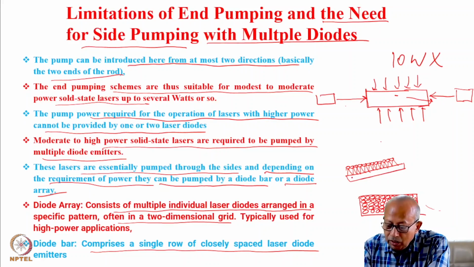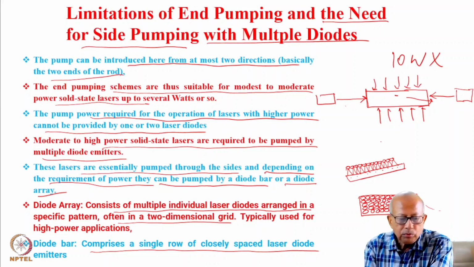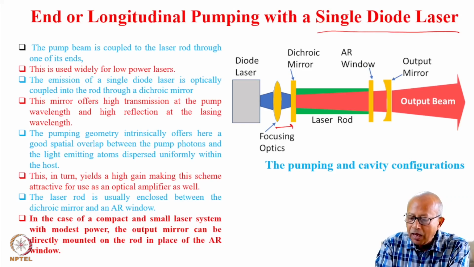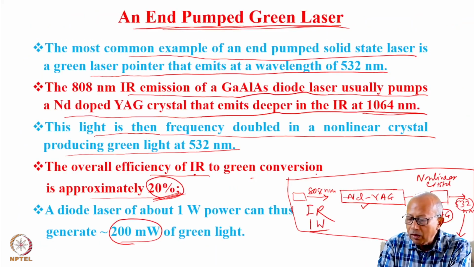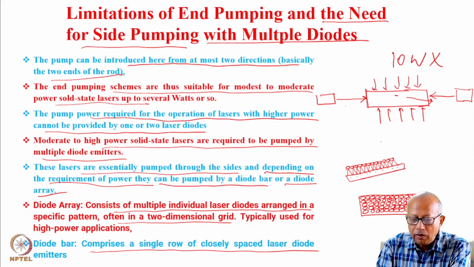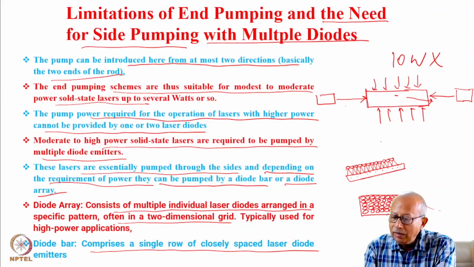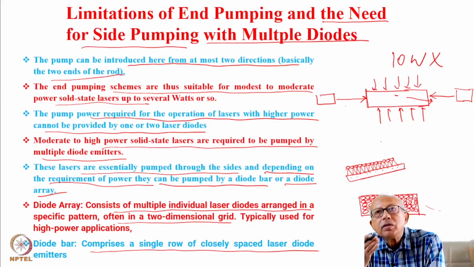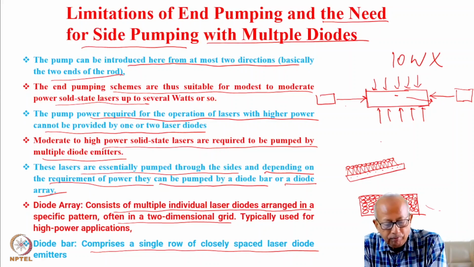And therefore you can pump much more energy. Each of these diodes would probably give as much energy as in this case, but now you have used so many of them. So you can really increase the pump power, and you can make the solid state laser emit much higher power.